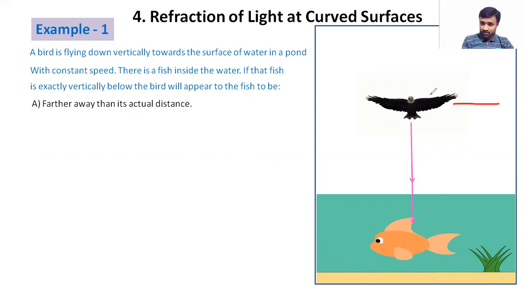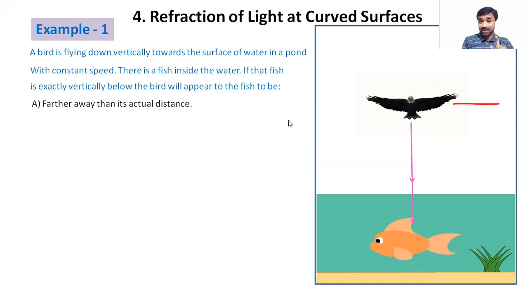If it is observed farther away, the image distance will increase, because here the bird is in the air and the fish is in the water. So the fish observes the image of the bird, not the bird exactly.